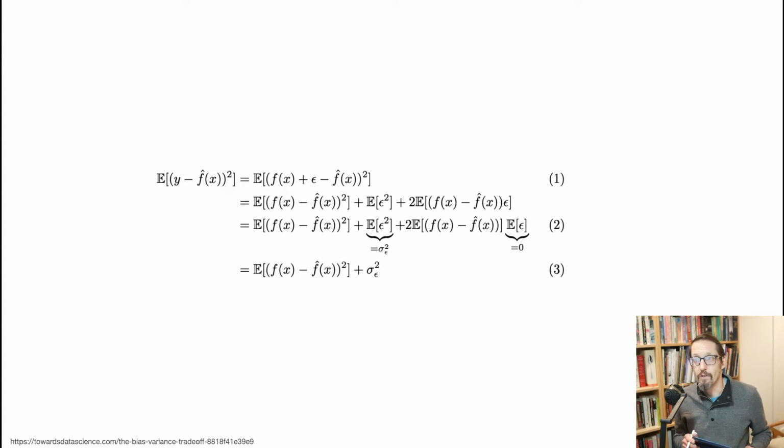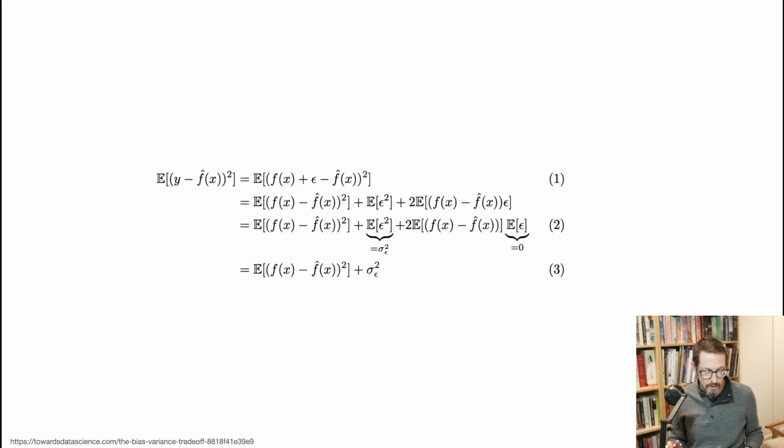So let's take a look at these equations. Once again, you see the mean squared error there is the left-hand side of the equation: the expected value of truth minus prediction, squared. What we have to do is expand what's in that square out.